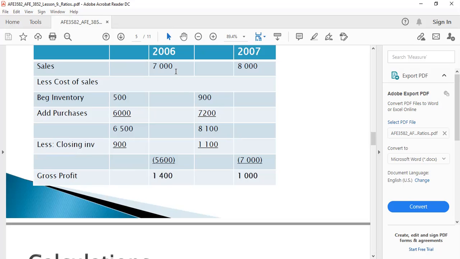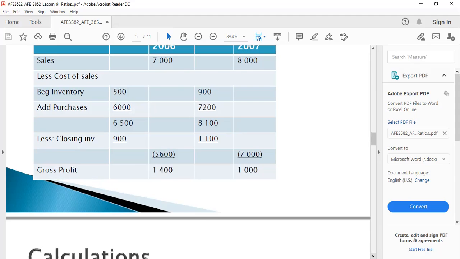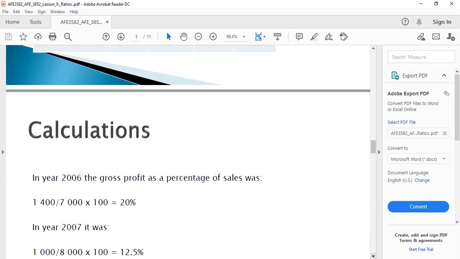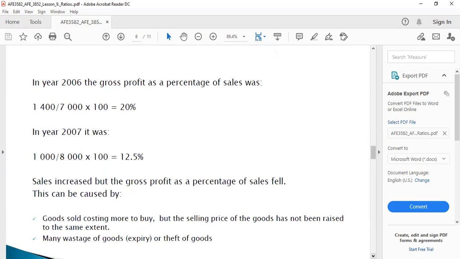You understand? And then you multiply your answer by 100, and that's how you get your margin, your gross profit as a percentage of sales.